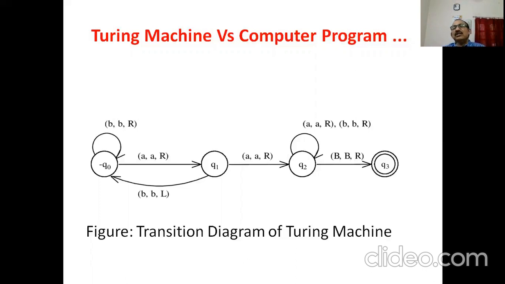What are the situations when we feed a word into a Turing machine? The machine may go into three situations. Either the machine halts with a final state, the machine halts with a non-final state, or the machine is in a loop forever. Is it clear?